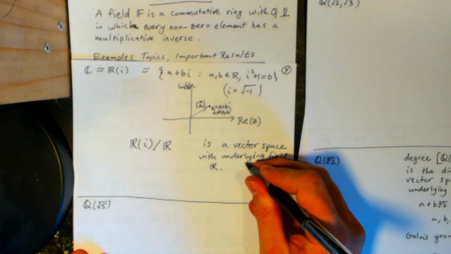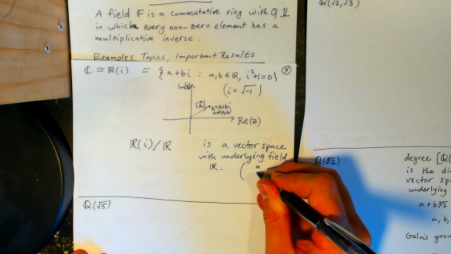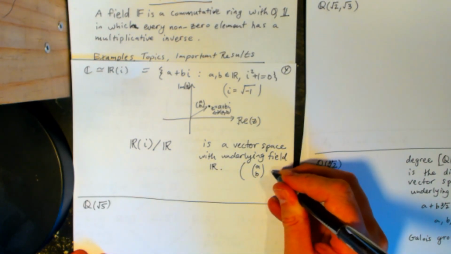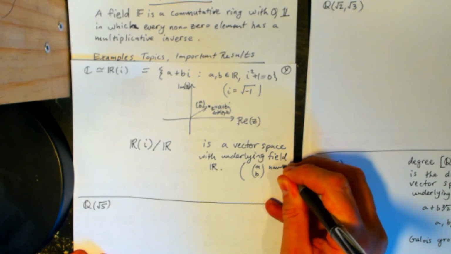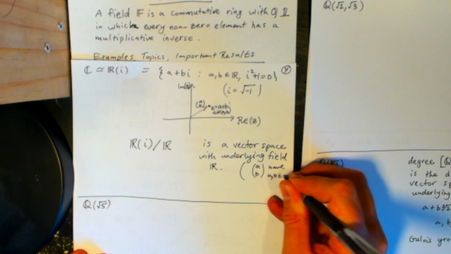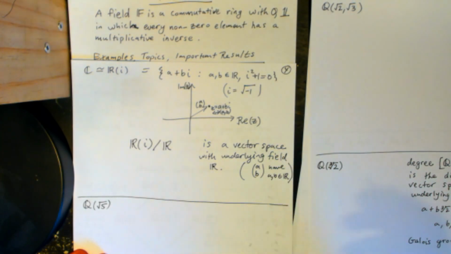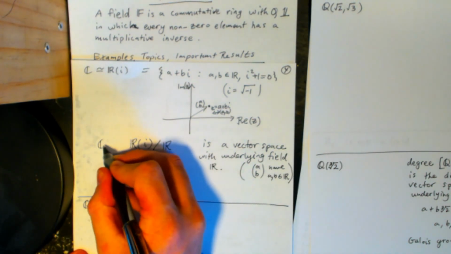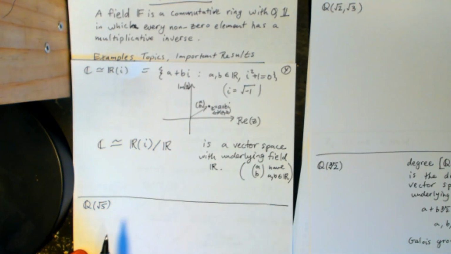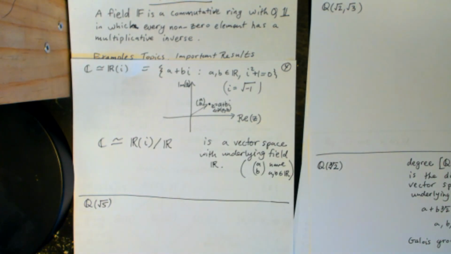Okay, so what I'm trying to say here is that the vectors (A, B) have A and B belonging to the real numbers here, when you think of the complex numbers as a vector space.